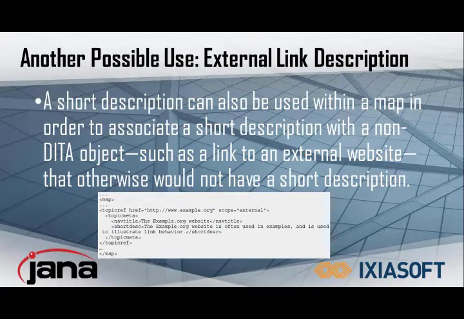So this is far better than just having the topic ref with just the link and then just saying the example.org website. It actually tells you information as to what it's about and why you might want to go there, which is not normally something that you can add. And again, this is a specific per link example.